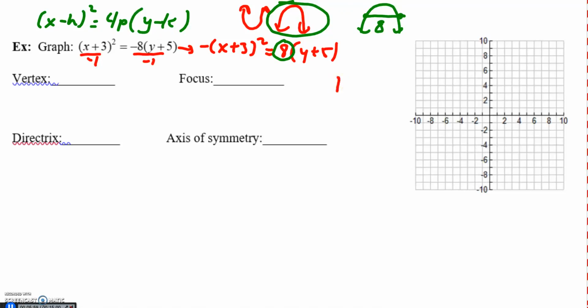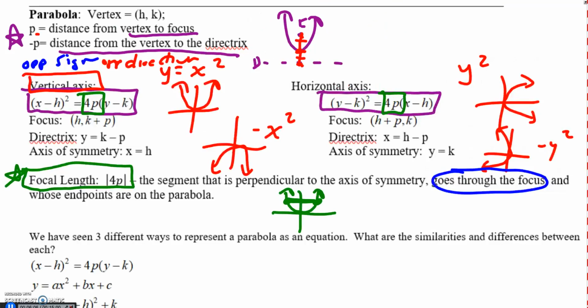What's really important at the beginning of these problems is to first find p. And why does that matter again? Well, if I go back, remember that p is the distance from the vertex to the focus and from the vertex to the directrix. It's the same here and here. So if this distance was 2, this distance would be 2 as well. And the reason it's p and negative p is it represents an opposite sign or opposite direction that you move.